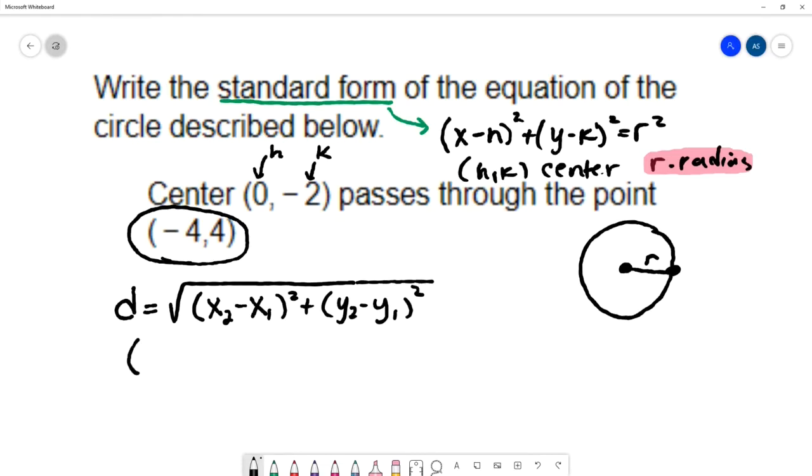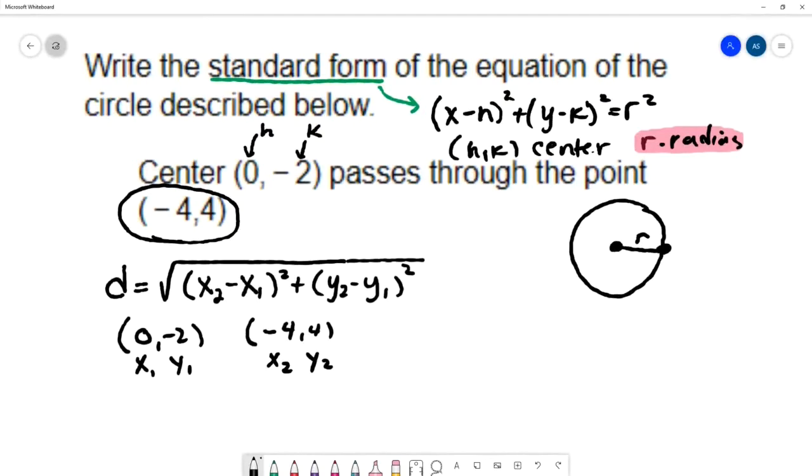I'm going to take my center, (0, -2), and let that be my first point, (x1, y1). And the point on the circle, (-4, 4), will be my second point, (x2, y2). I'll substitute that into the formula, and that's going to give me the radius.